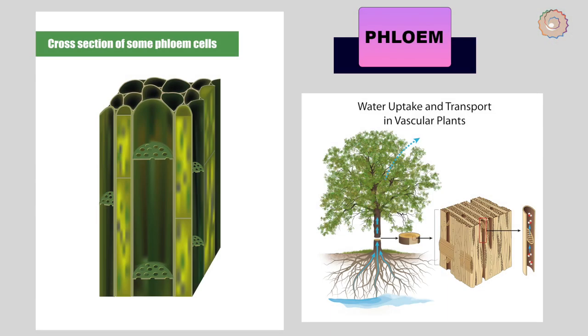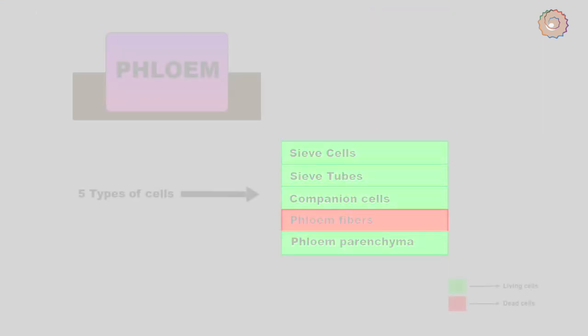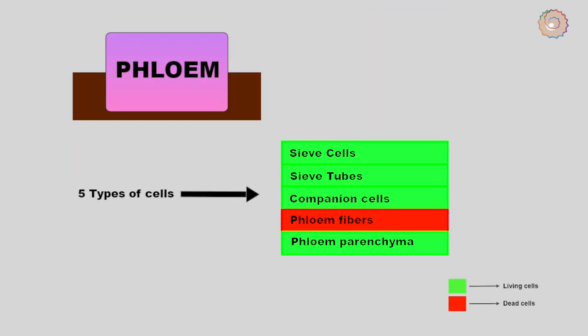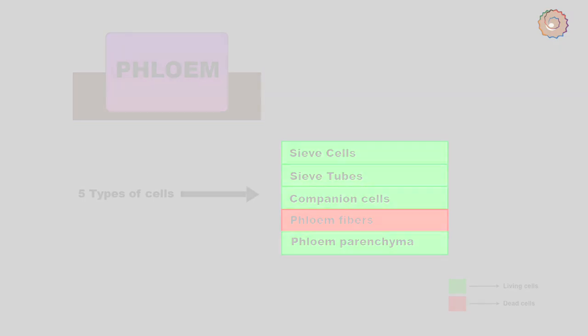The next important tissue is phloem. Phloem is a complex permanent tissue responsible for transportation of food from leaves to all other parts of the plant. It is composed of 5 types of cells: sieve cells, sieve tubes, companion cells, phloem fibers and phloem parenchyma.